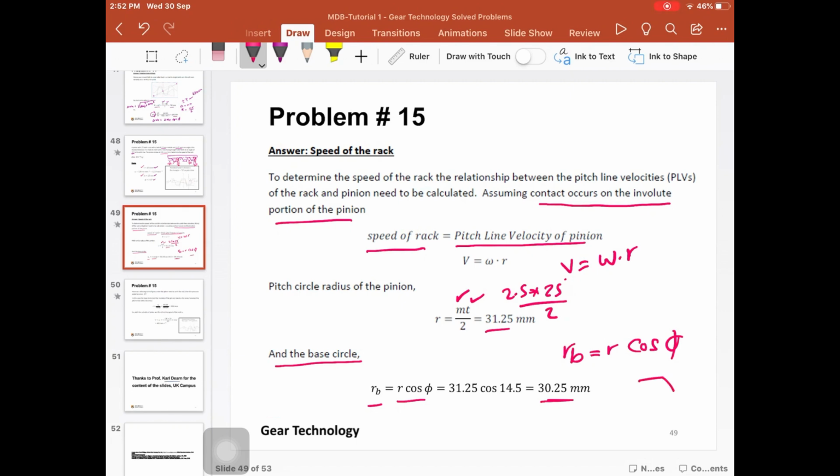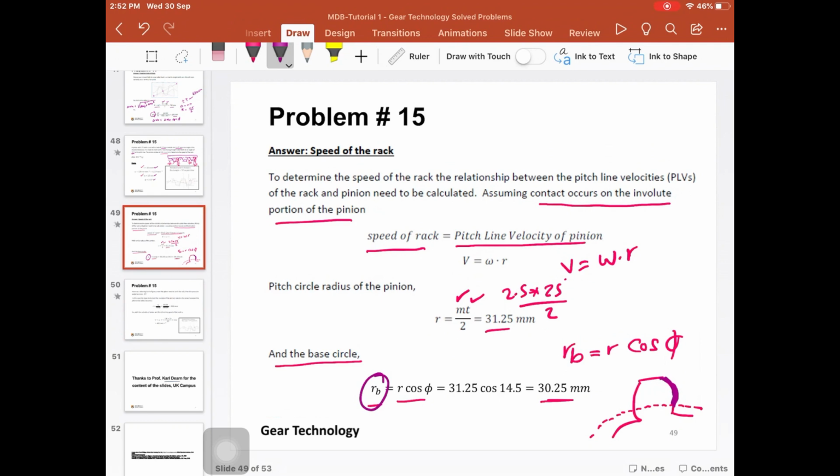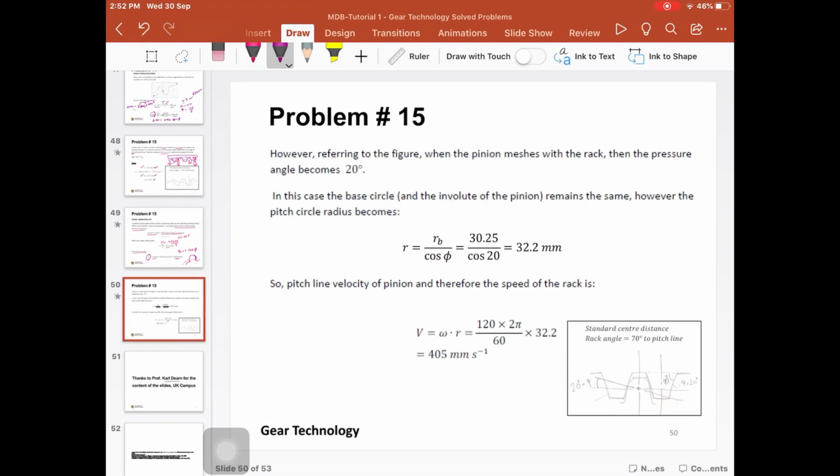If you remember, if this is the tooth, then at some point here is the base circle, where this portion of the tooth is the involute part. So the radius of this base circle does not change. This value is the same. It's constant regardless of the conditions of the contact, right?